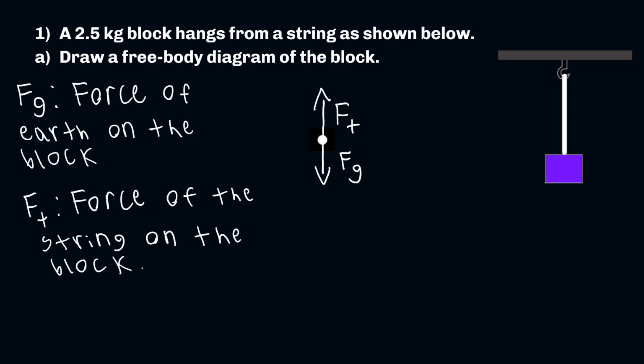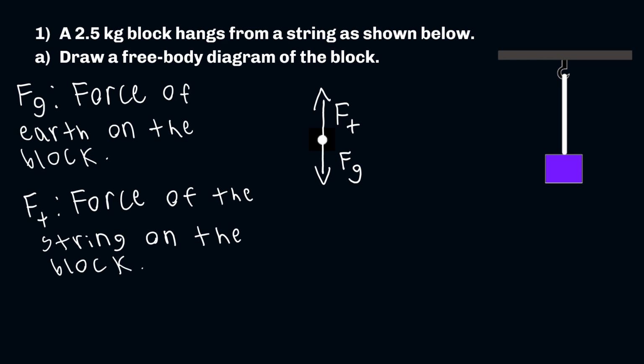And it really is just that simple for my free body diagram. Just make sure you know when to stop with it. Right now, there's nothing else touching the block, so there's no other forces present. Again, anything in order to have a force needs to be touching the block in AP Physics 1. We're not dealing with electrical forces or anything like that besides the force of the planet on the object. So that's going to be part A here, drawing the free body diagram.